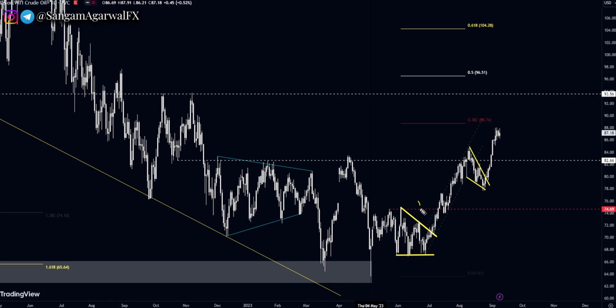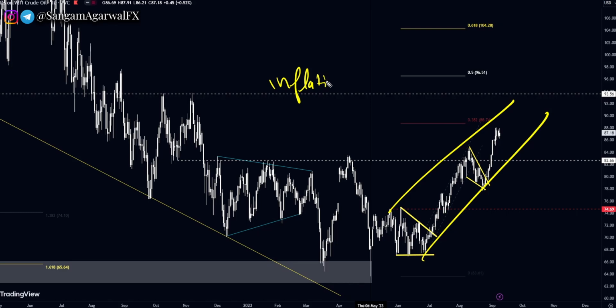Oil price: two triangle chart pattern breakouts. Now price is flying, and it is in the middle of big support and resistance. Either it retests 93 or makes a correction back to 83. When oil goes up, it is bad for the economy because inflation goes up and there is also risk of recession.